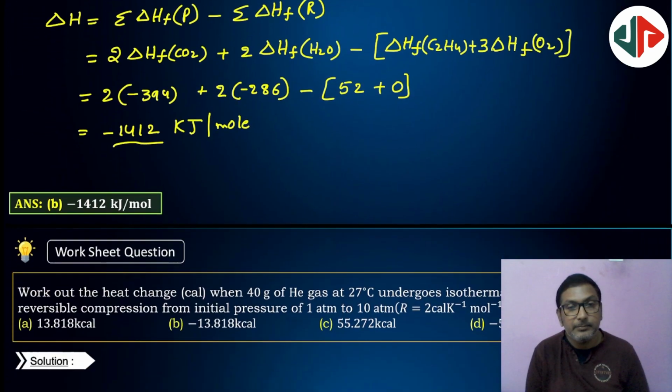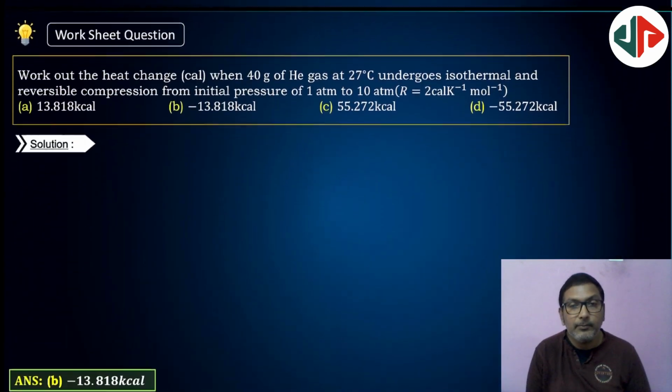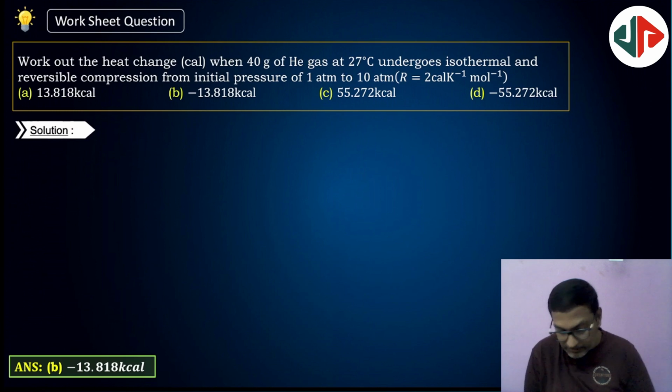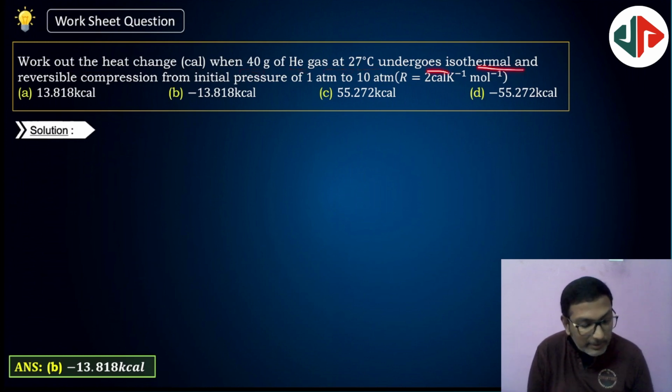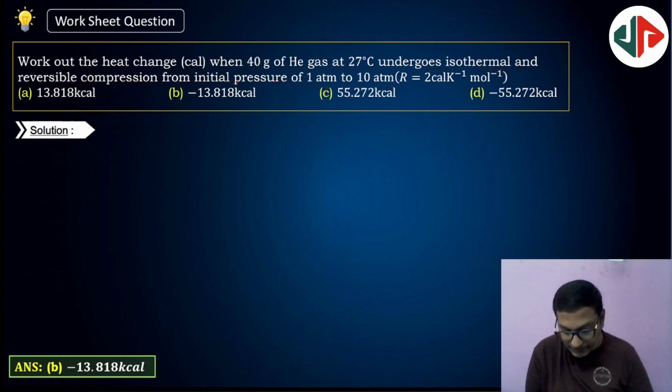Next. Next question. Heat change in calories when 40 grams of helium gas at 27 degrees undergoes isothermal and reversible expansion from initial pressure 1 atmosphere to 10 atmospheres.